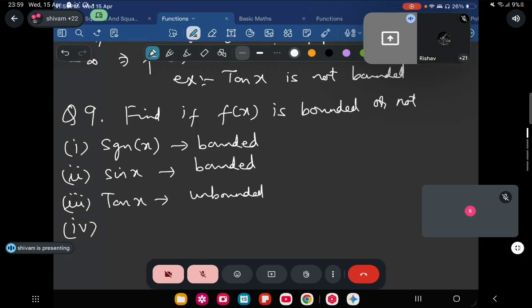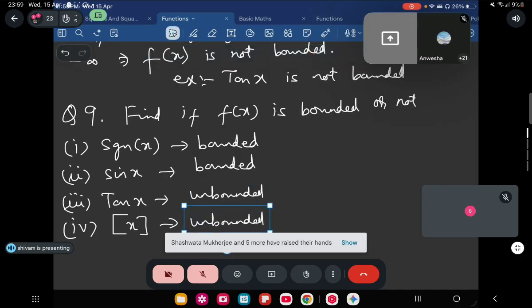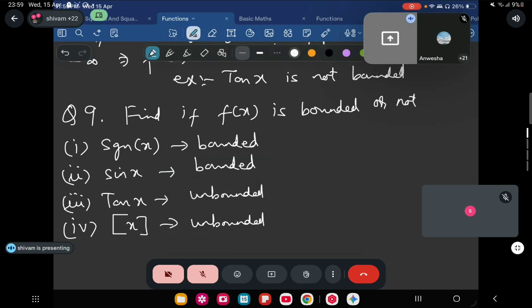Number 4, raise your hand. Box of x. Is it bounded or unbounded? Raise your hand quickly. For this one, Anvesha, tell me. Unbounded. Because it keeps on going. It's a step-up function, infinite staircase.